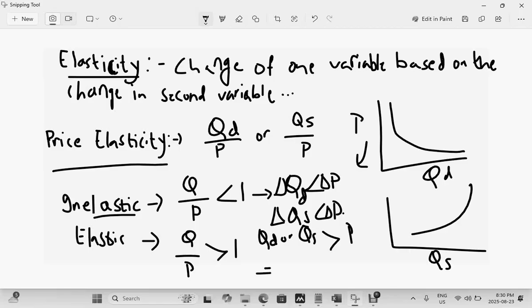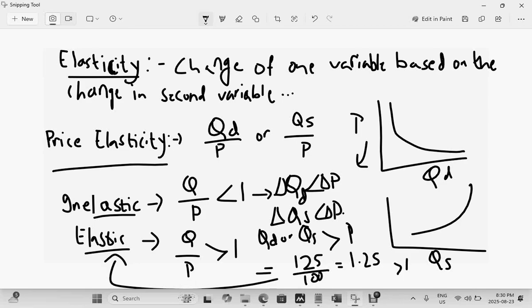Let's take an example. Let's say your quantity change is 125% and price is 100%. So this is 1.25, and because 1.25 is greater than 1, it's elastic. This product, this commodity, this item, it's elastic.